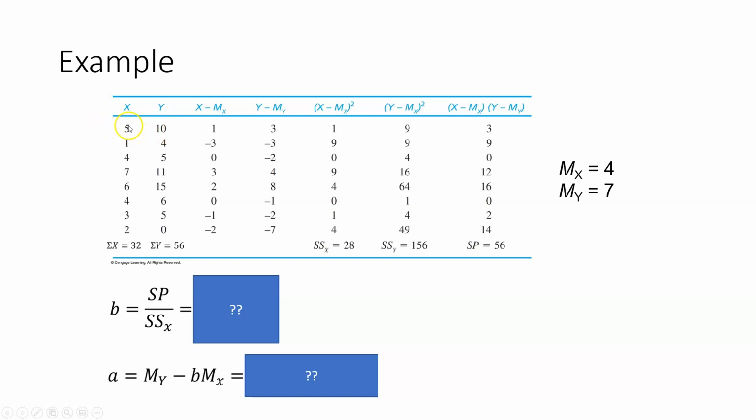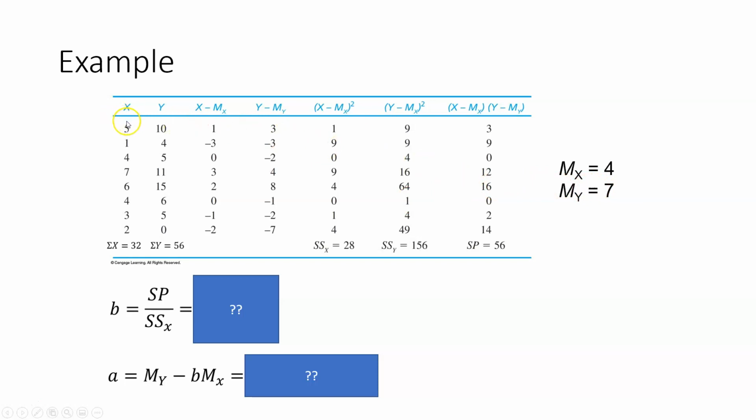They got 5 on the x variable and 10 on the y variable. Now, if we compute the sum of the x scores here, if you add them all up, it's 32. And if you divide by how many there are, there's 8 here. So 32 divided by 8 is 4. And if you add up all the y variables, the sum of y is 56. And if you divide that by 8, it's 7.